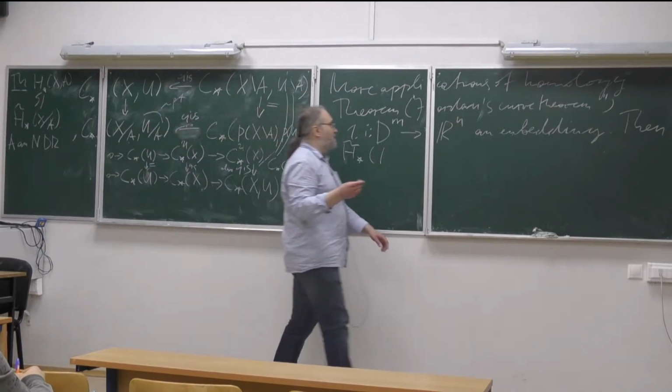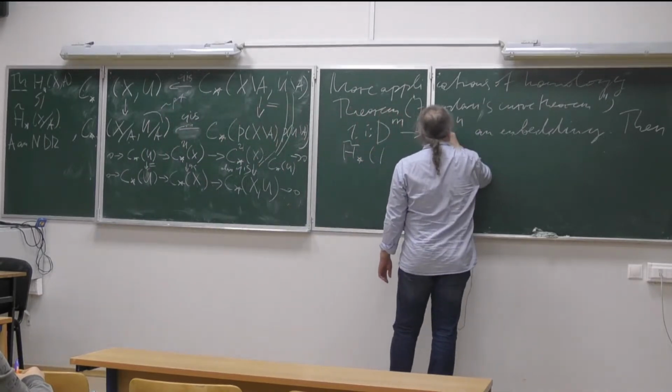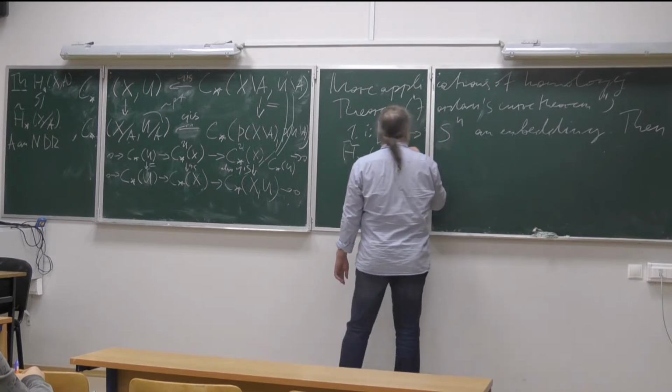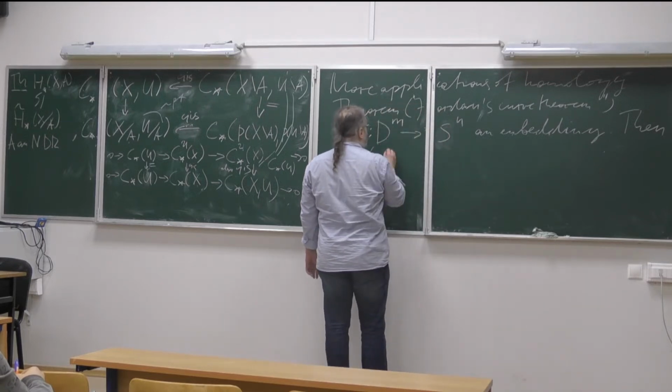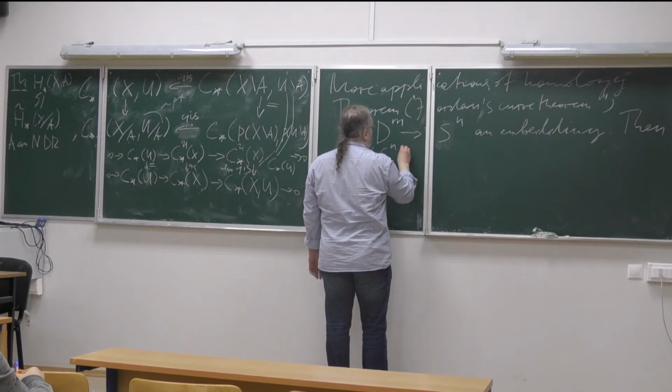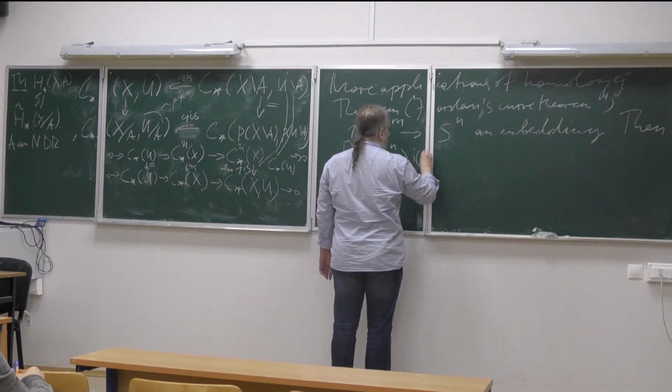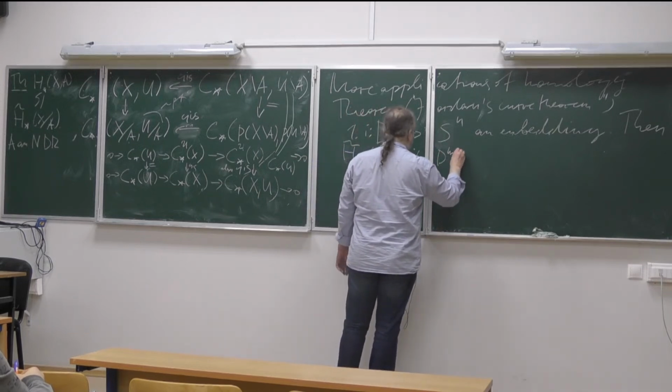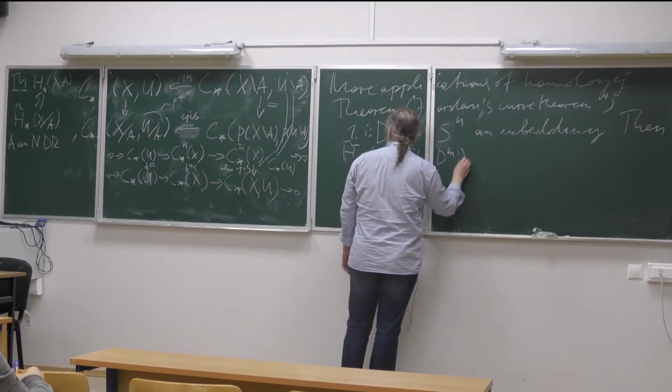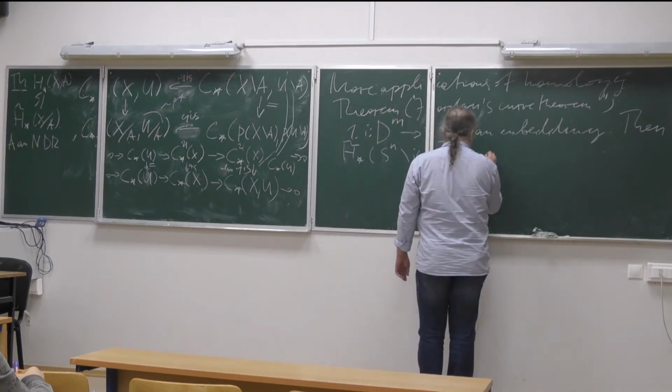Okay, let me replace this Euclidean space R^n by S^n. S^n minus I of D^m is 0.